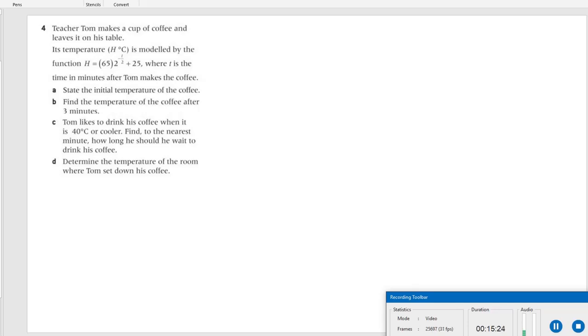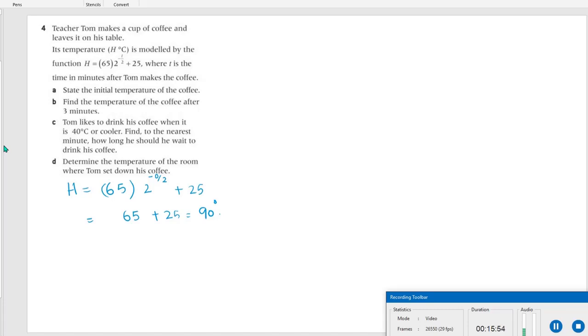Obviously, what would be the initial temperature where t equals 0? 65 times 2 to the power minus 0 over 2 plus 25. Anything to the power 0 would be 1. So it would be 65 plus 25, which makes 90. Initially, the temperature of the coffee would be 90 degrees.